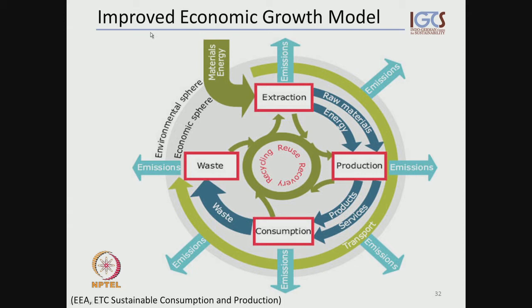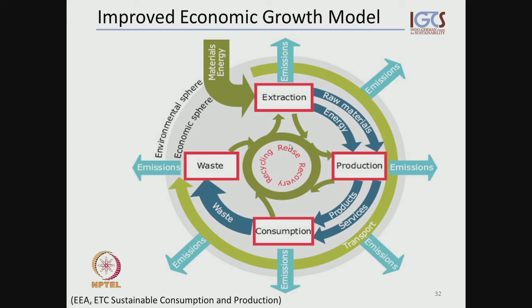Let's call it an improved economic growth model. So we have the same cycle. We're still resting, our economy is resting on environmental resources, on resource availability. We still need a material and energy input to keep our circle moving from extraction, production, consumption to waste.